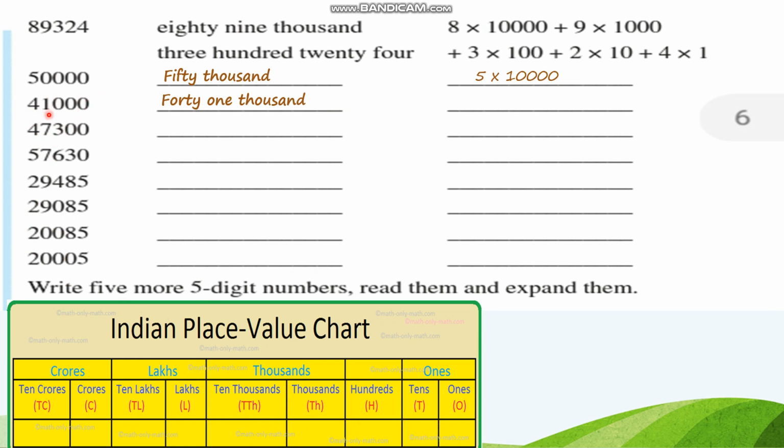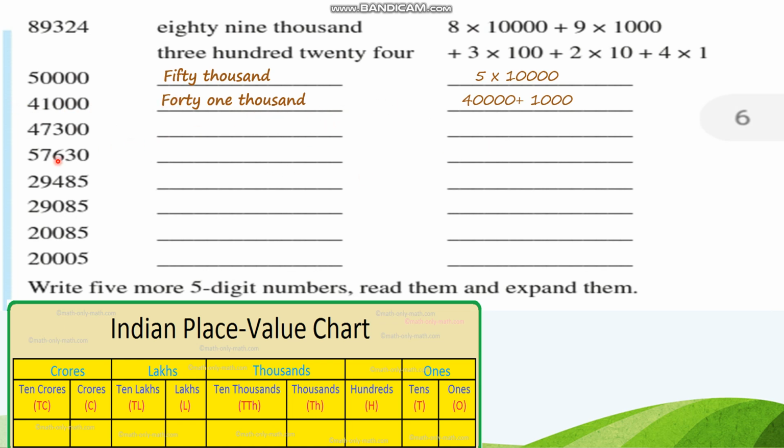My dears, if I am writing 4 into 10,000 as 40,000 and 1 into 1,000 as 1,000, that is 40,000 plus 1,000. Is that right? Yes, we can expand it like this also: 40,000 plus 1,000 plus 0 plus 0 plus 0 is 41,000.